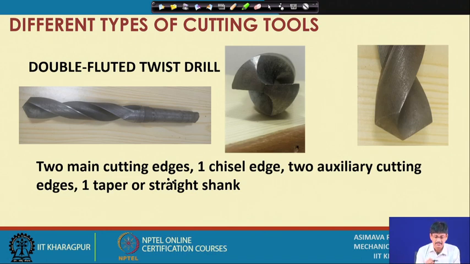In this one, this is the main body and this is the shank. The shank portion goes inside a tapered hole in the spindle which is generally rotating. So, this shank looks like this, slightly tapered, with the bottom called the tang.